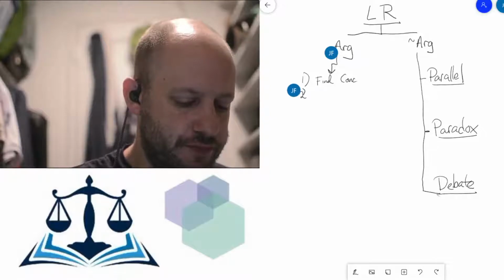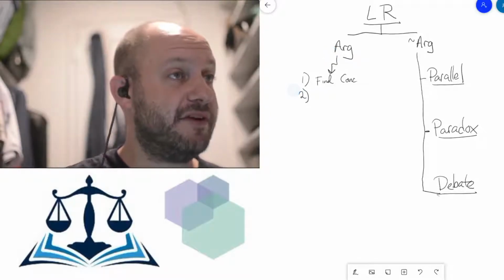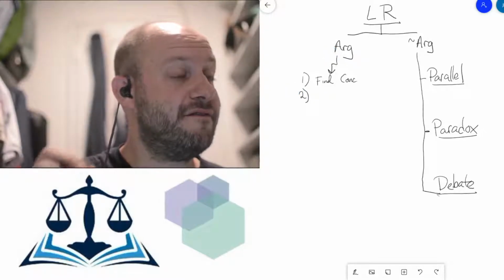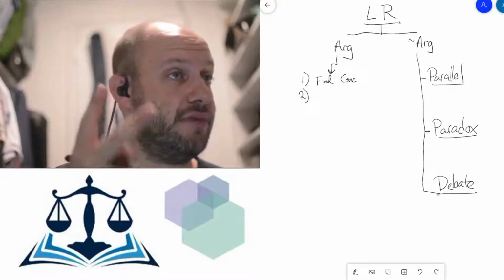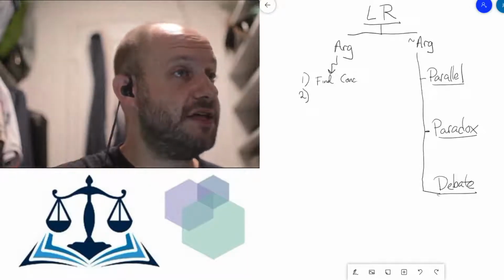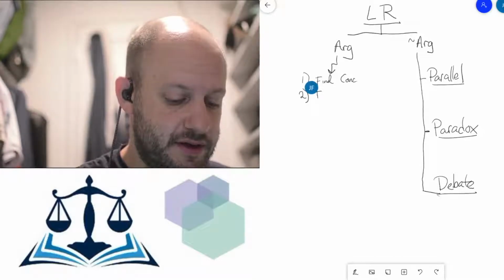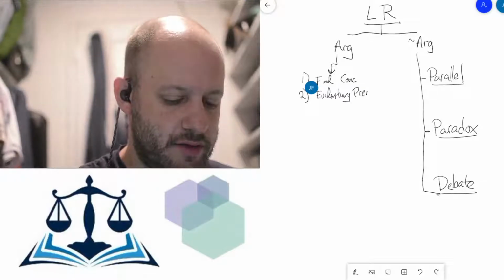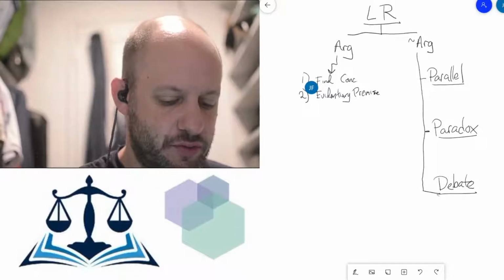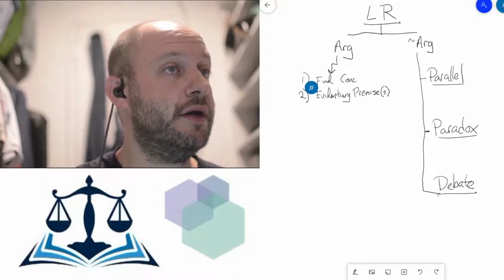Job two is find the premises. Premises are facts and evidence, and there are two major kinds. There are evidentiary premises. There might be more than one, right?